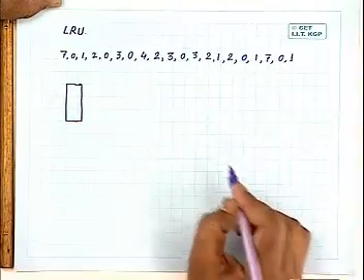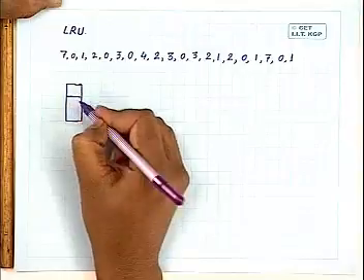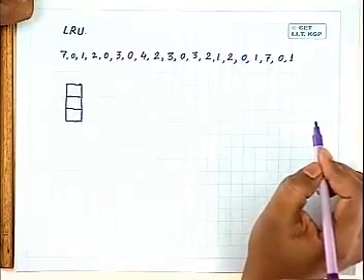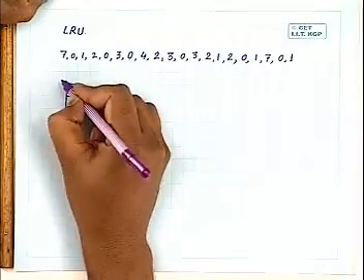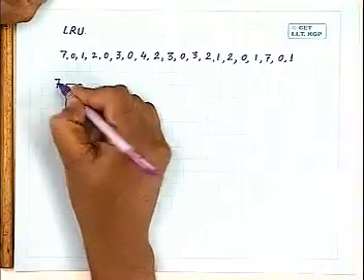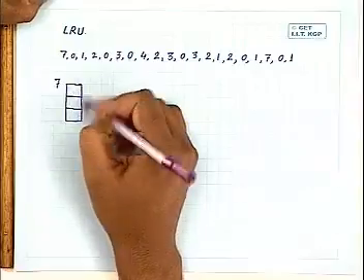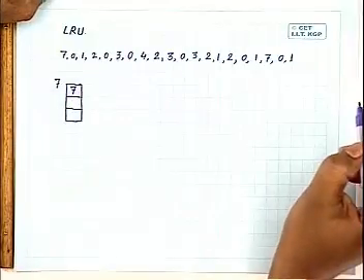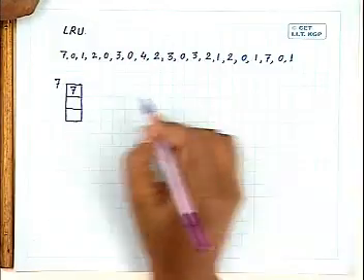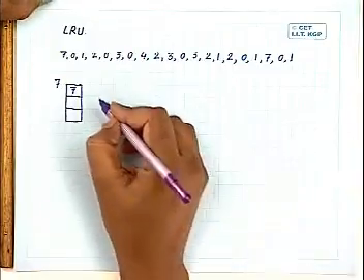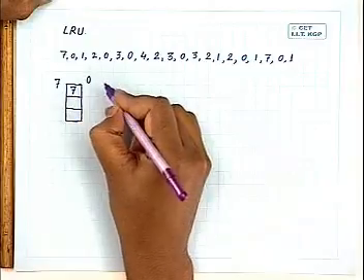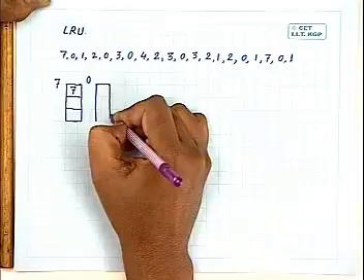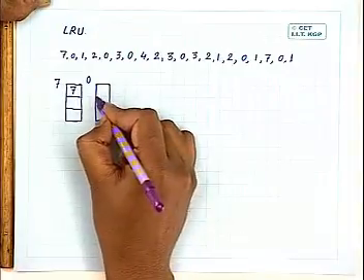So the first 3 steps will remain identical with the previous page replacement techniques, that is FIFO or optimal. When page number 7 is referred, I don't have any page in the main memory, so one of the free frames will be used to accommodate page number 7. Next, when page number 0 is referred, again one of the remaining frames will be used to accommodate page number 0.